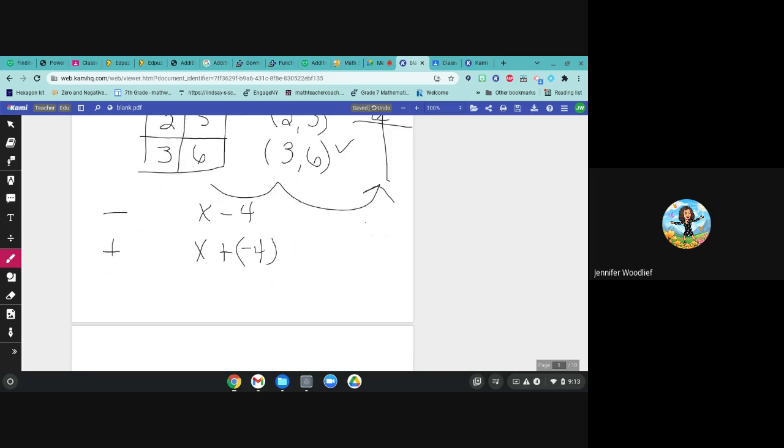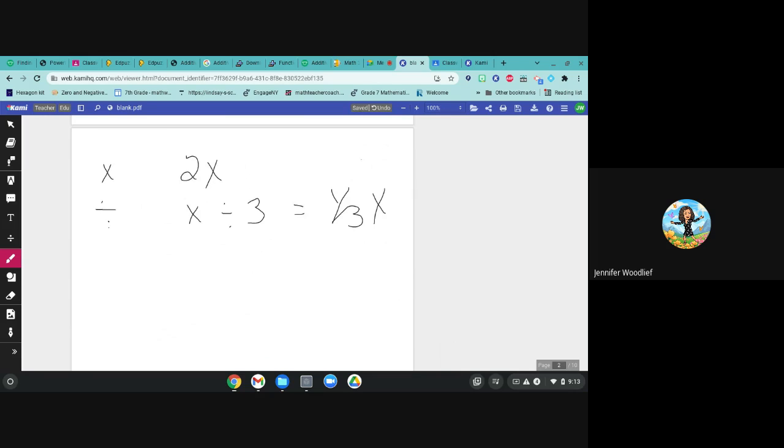Same thing with multiply and divide. If I had a multiply and a divide, if I said 2x, or here I said x divided by 3, I could rewrite that division over here as 1/3 x. That is the same as x divided by 3.